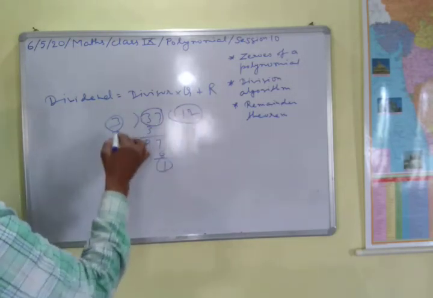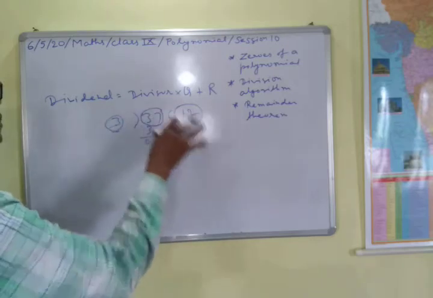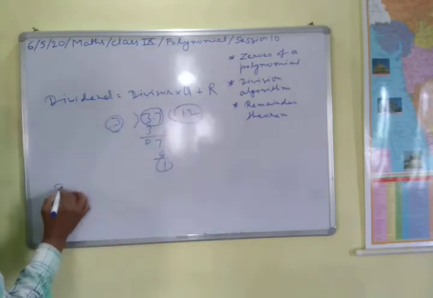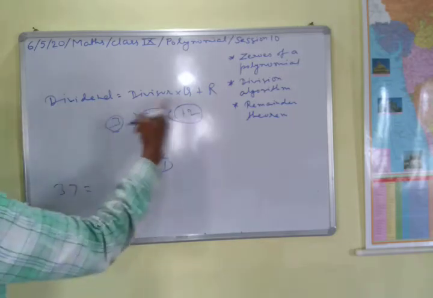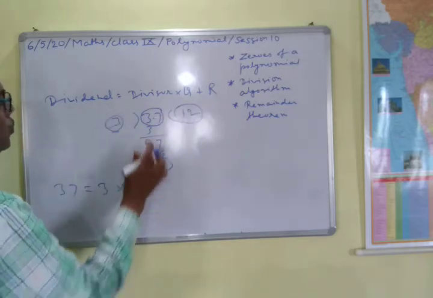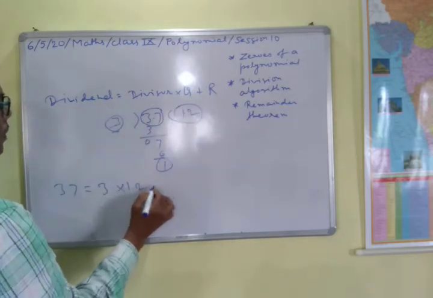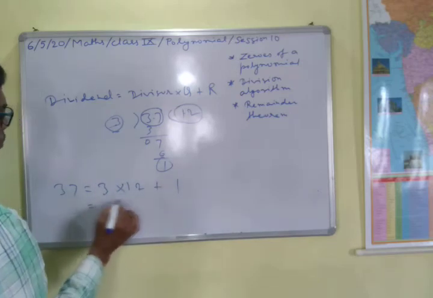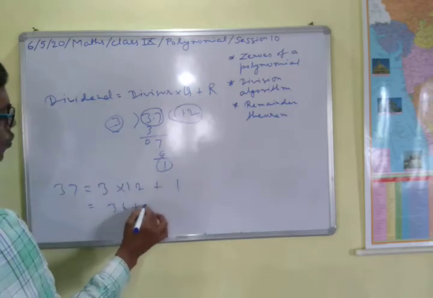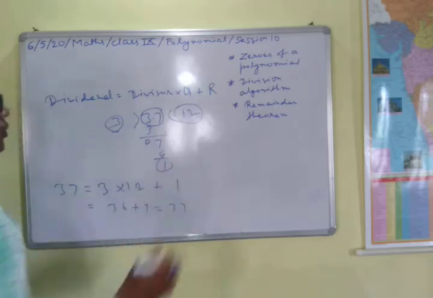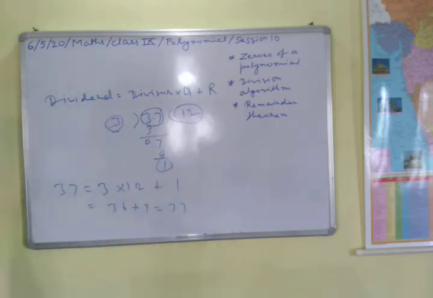These are the four quantities, and there is a relation: dividend equal to divisor into quotient plus remainder, that is 37 equal to 3 into 12 plus 1. Now see here, 12 times 3 is 36, plus 1 equal to 37. So this is the division algorithm for these numbers, and this is also true for any algebraic expressions, like the polynomials.